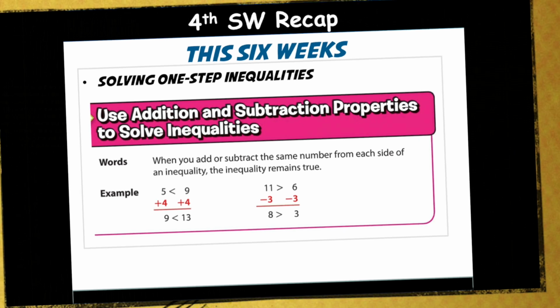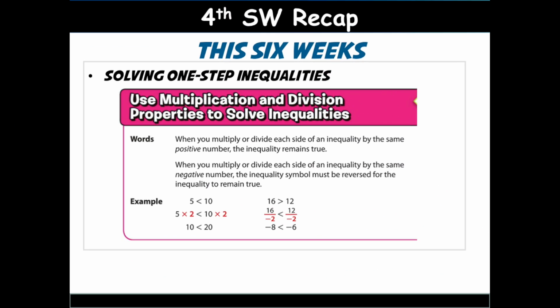So let's look at multiplication and division. If you have, let's say, multiplication, well, what's the opposite? You divide, right? So you would divide, let's say, one side, like look on your right side. If you divide 16 by negative 2, you have to divide the right side by negative 2. Is my equation balanced?